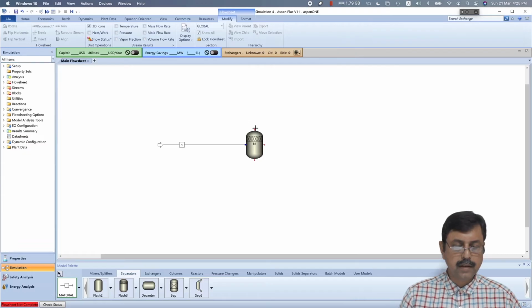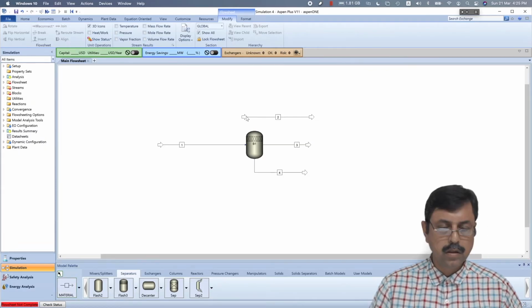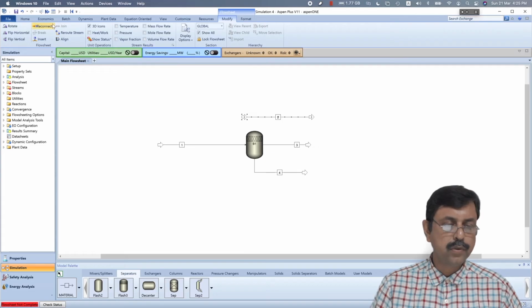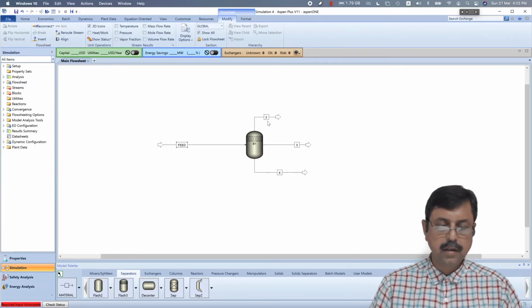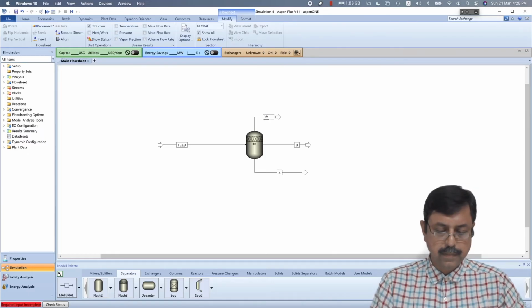So this is the feed, this is vapor, this is liquid 1, and this is liquid 2. So this one we have to reconnect source, this one. So this is feed, this one is vapor.